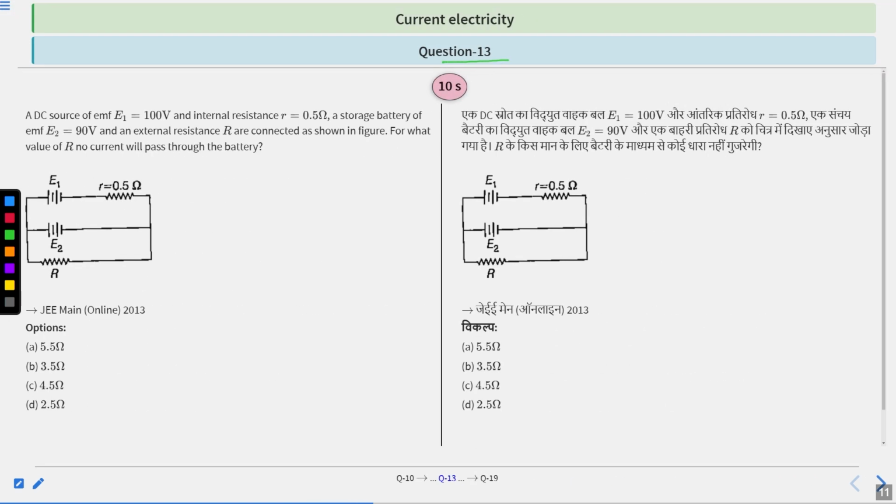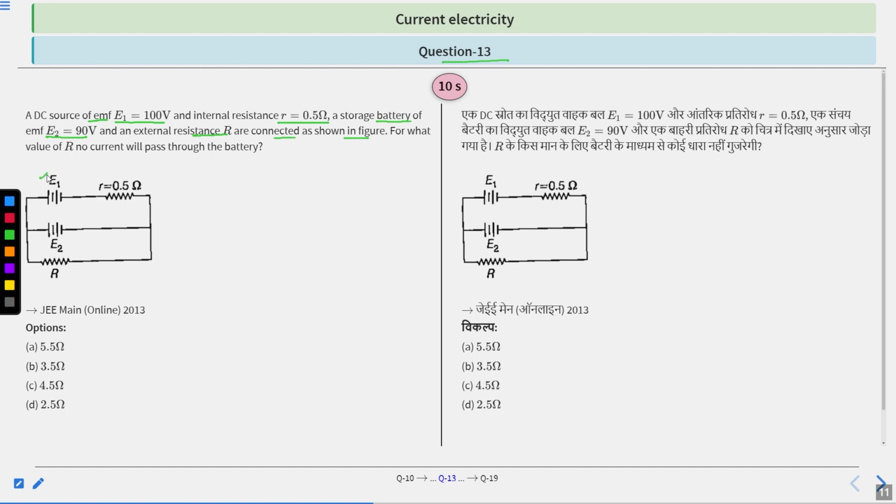Question 13. A DC source of EMF E1 equal to 100 volt and internal resistance r equal to 0.5 ohm, and a storage battery of EMF E2 equal to 90 volt and external resistance R are connected as shown in the figure.